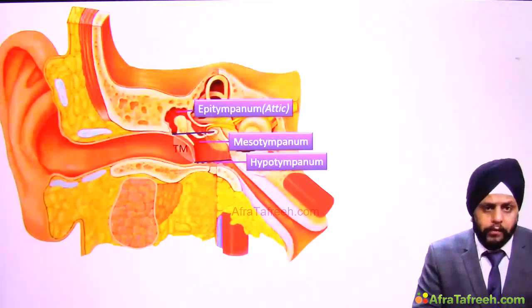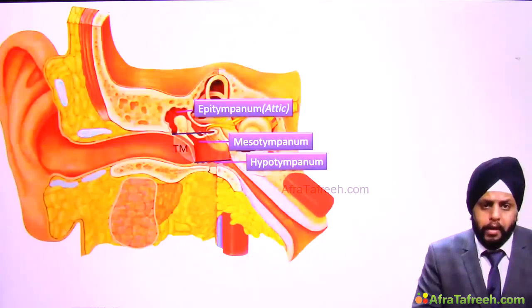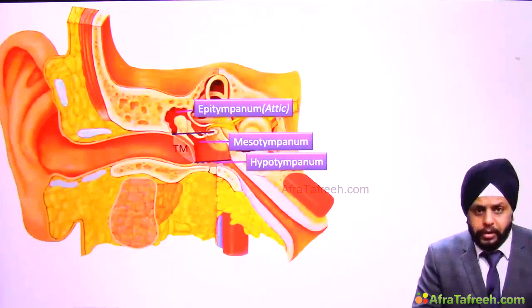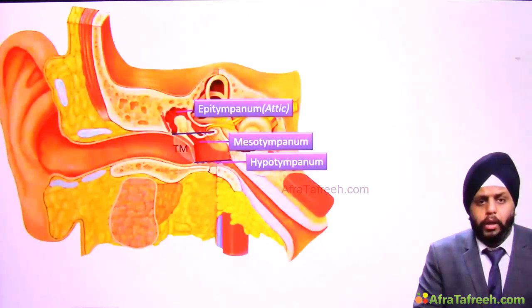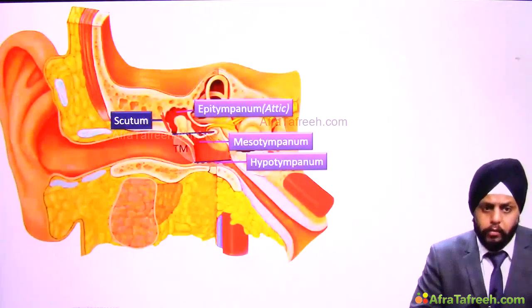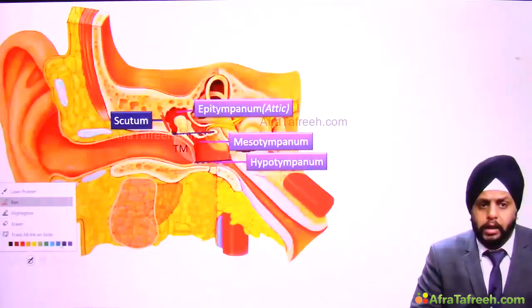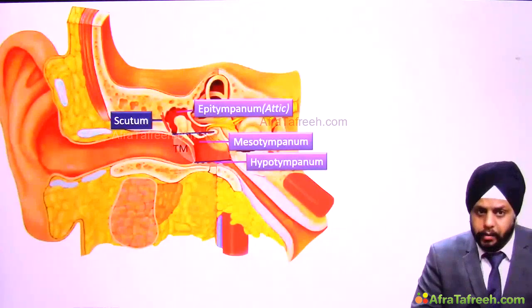But if you notice in this diagram, the lateral wall of epitympanum or attic is bony. This wall over here is bony. We call it scutum. If somebody asks you what is scutum, scutum is the lateral bony wall of attic or epitympanum.